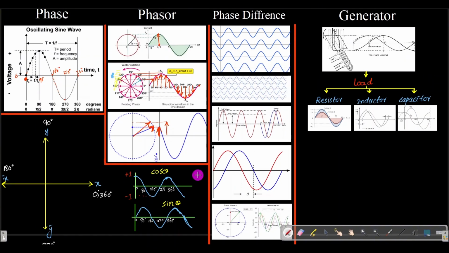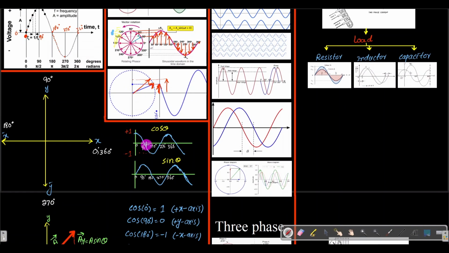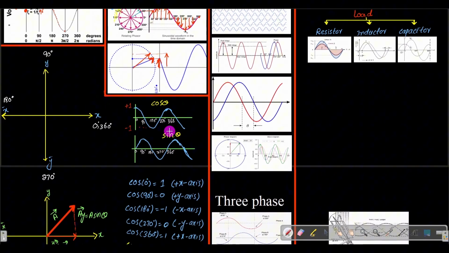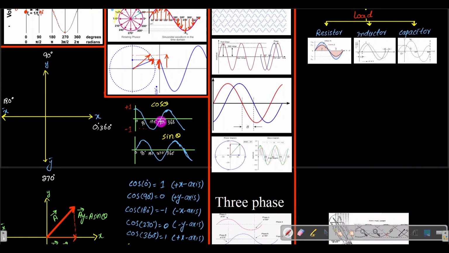Now this was the other concept, that of phase. So this is phase, but in more detail, okay. Now if we see here this cos theta, here it will become 0, okay, and here it is 0.